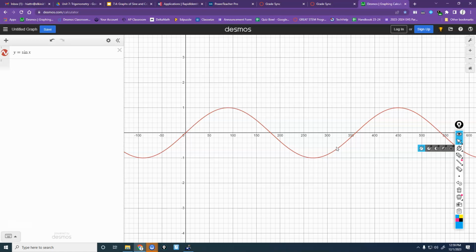You can use this for things like the hours of daylight. I've talked about that. You could use this for sound waves, for radio waves, for all kinds of different things that you might want to study. So we have gone from something that was only used for right triangles to something that has a lot of different uses in the real world that seem like they have nothing to do with a triangle, right?